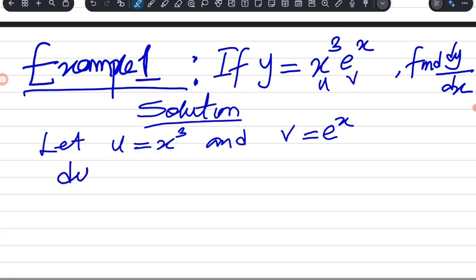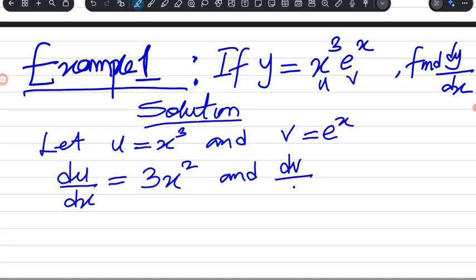Let's differentiate u with respect to x. We have du/dx equal to 3x squared, and dv/dx is equal to e raised to power x. When you differentiate exponential values, it gives you the same value.